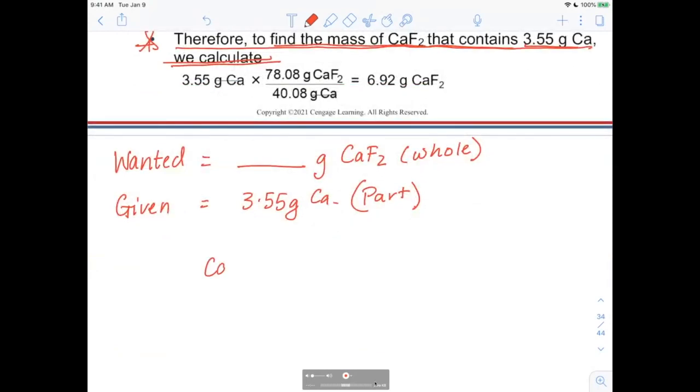Okay. Calcium fluoride. It has one calcium, has two fluorines, 2, 1. Each calcium is worth 40.08 grams. Each fluorine is worth 18.998, 19.0 grams.